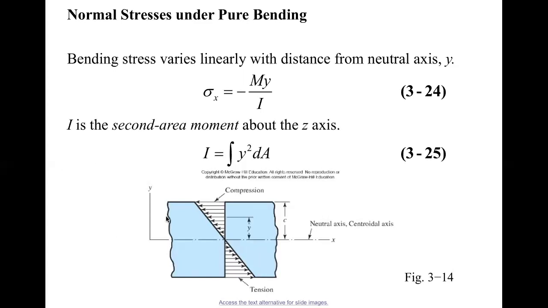On the surface, it gets to maximum stress. It could be maximum tension or maximum compression. If you bend this way, at the bottom surface we have maximum tensile stress, and on the top surface we have maximum compressive stress. Again, as I said, for compressive stress we use negative, and for tensile stress we use positive. The relationship is linear, depending on the offset distance y.